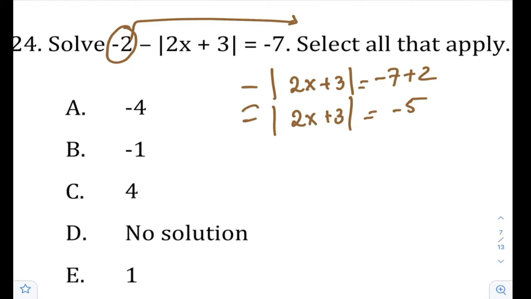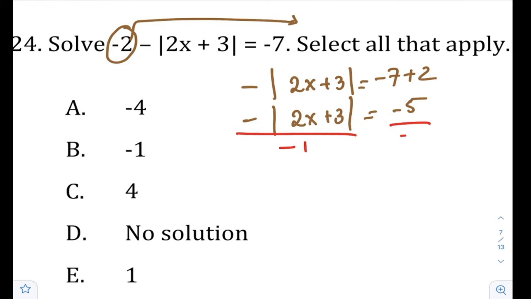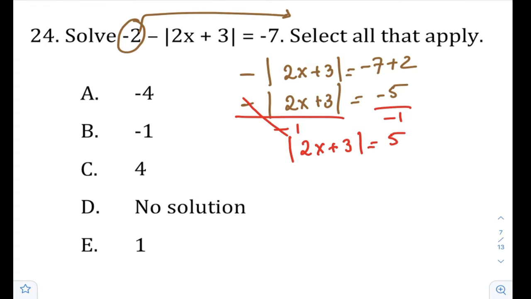Now, if this negative is not there, directly we'll say no solution. But since it is here, you can simply divide both sides by -1 to cancel the negative, and you will end up with an absolute value equal to a positive number. Since it is equal to a positive number, we have two cases. Case 1, when it is equal to 5. Case 2, when it's equal to -5.